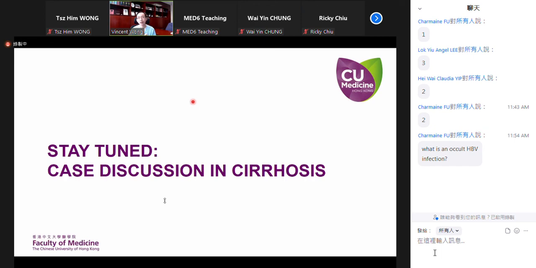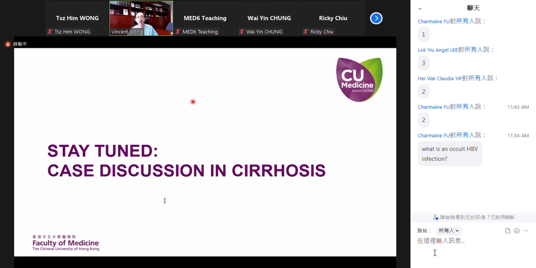The first is when you use anti-CD20 monoclonal antibody, or we call it B-cell depletion therapy. So one common example would be rituximab. We know that it can reactivate occult HBV infection. The second situation is when you are going to perform hematopoietic stem cell transplantation.